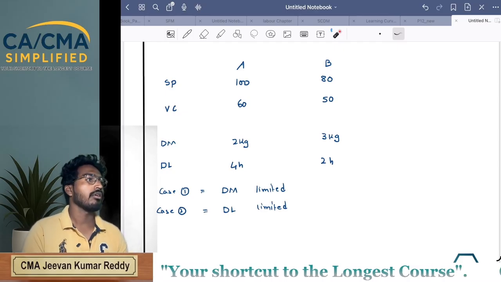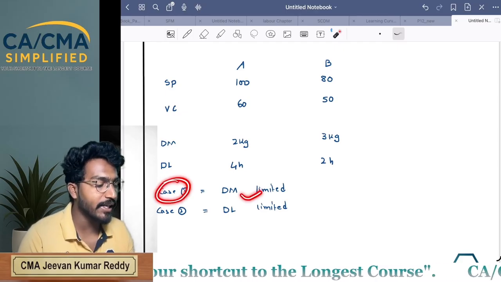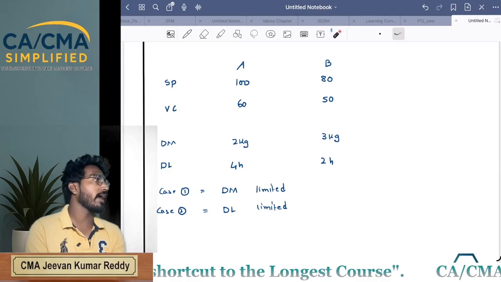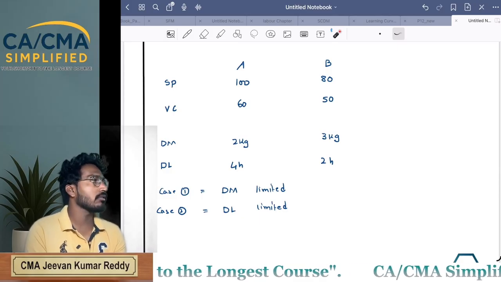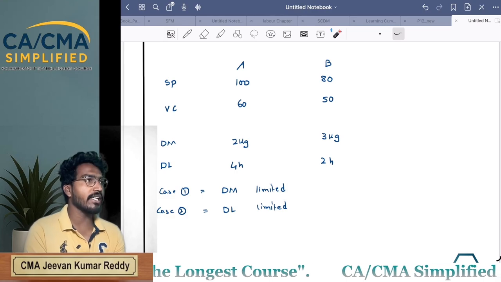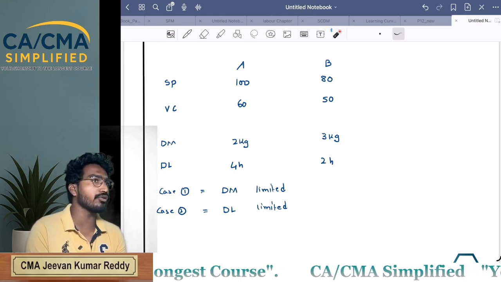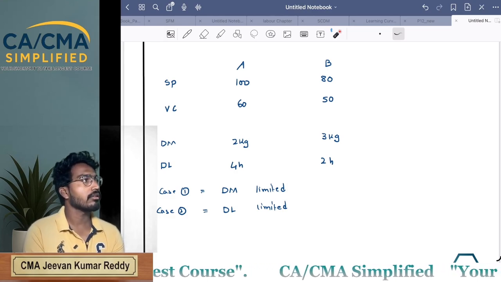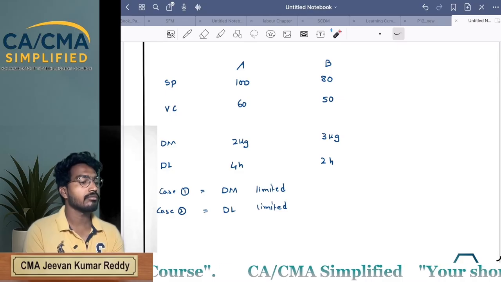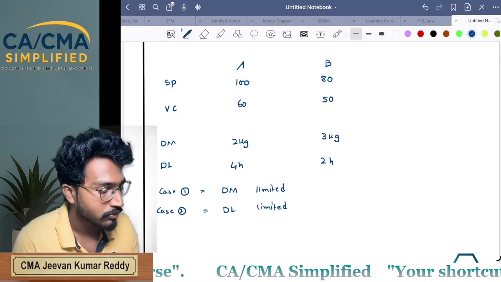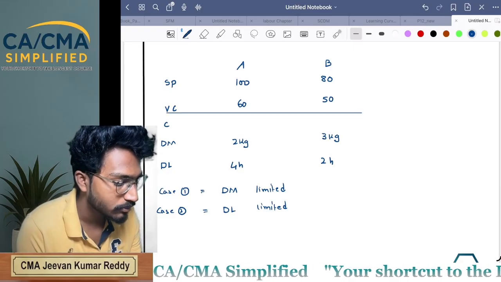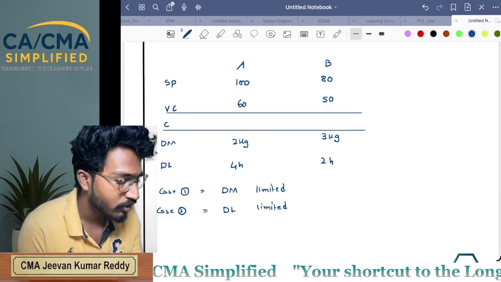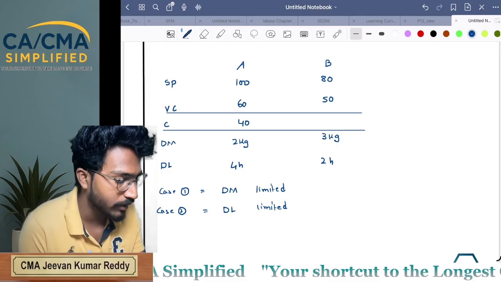Now, case 1, direct material is limited. If direct material is limited, which product will you produce first? See here, contribution is how much? 40 and 30.